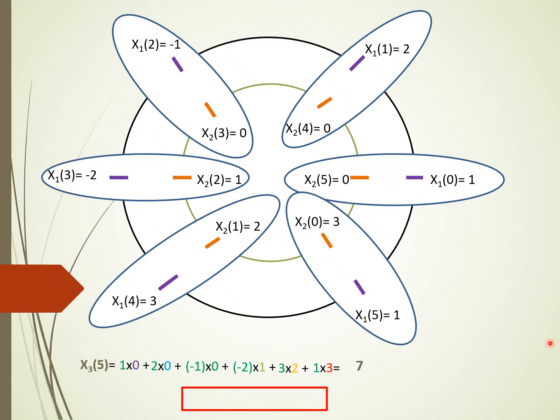So we have arrived at all the 6 elements of the output sequence. We have to pick up all those 6 values and write them in a sequence like this. And hence, the value of the output sequence x3 of n is equal to 8, 9, 2, minus 6, 4, and 7. So this is how we need to solve a problem using the concentric circle method. Hope this is clear.